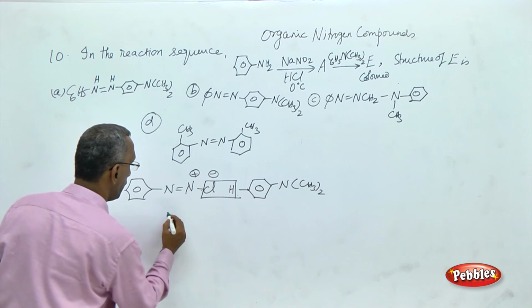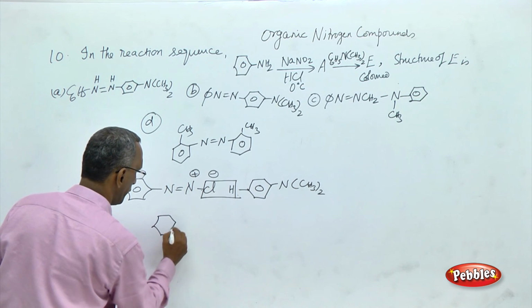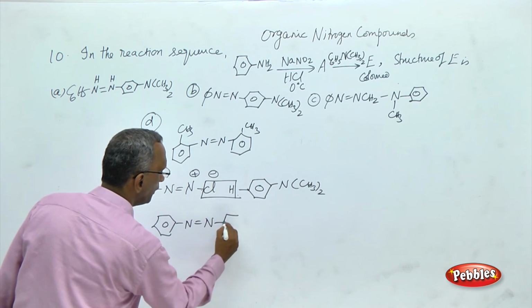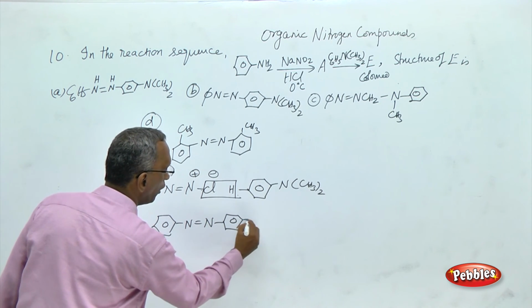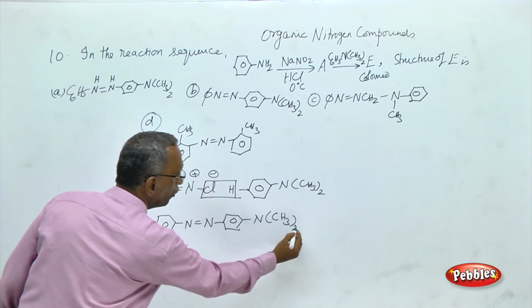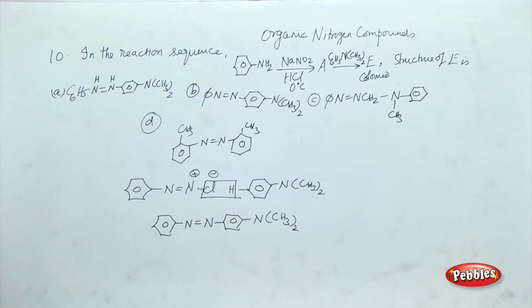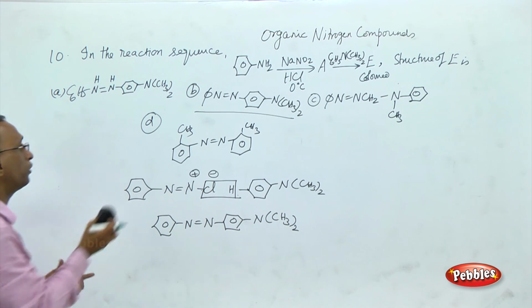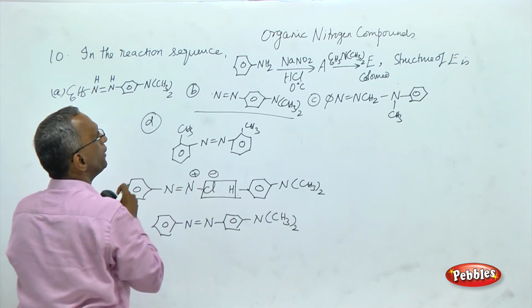If you write the coupling reaction, automatically you can end up with the correct product. So in this way the coupling reaction takes place, which is choice B, the correct answer.